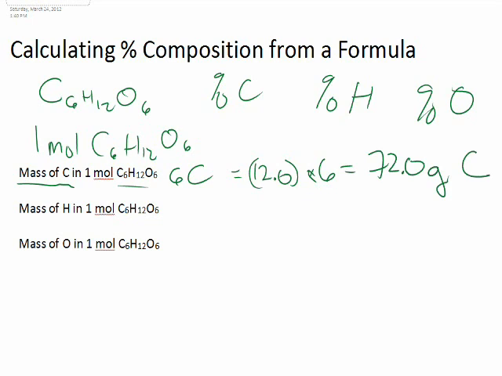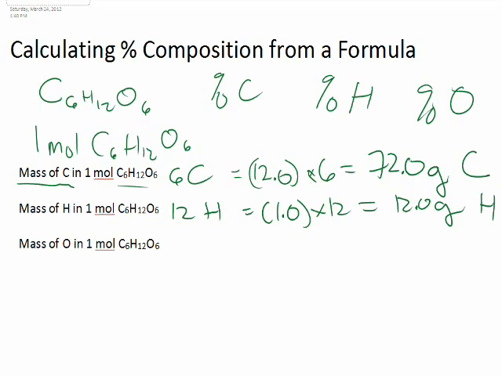Mass of hydrogen: we have 12 hydrogens, with a molecular mass of 1.0 times 12, that just equals 12.0 grams of hydrogen.